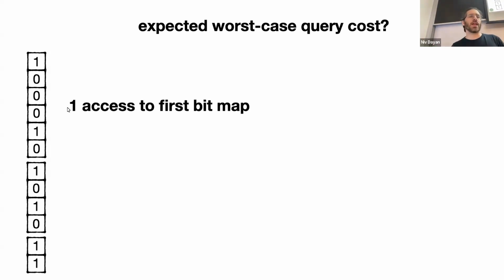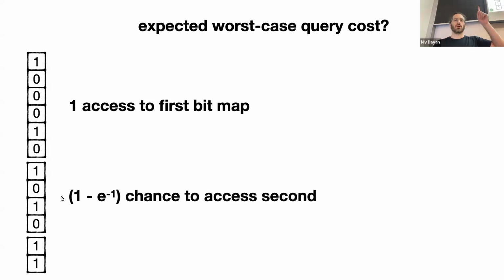And how do we do that? Well, we observe that for an entry that finds a 1 in this bitmap, it terminates after just one access. What's the probability that the entry ends here? It's this probability, because this is a probability of failure. So with this probability, we have to do one additional access. What's the probability that we get all the way up here?